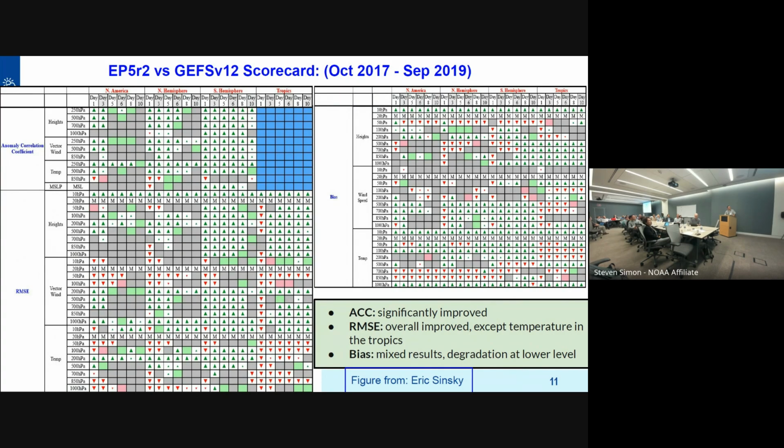For RMSE, overall it's improved, but for temperature in the tropics, a little bit of degradation. For model bias, it's mixed results. Some degradation you can notice here near the boundary layer, PBL, and some other levels are probably good.